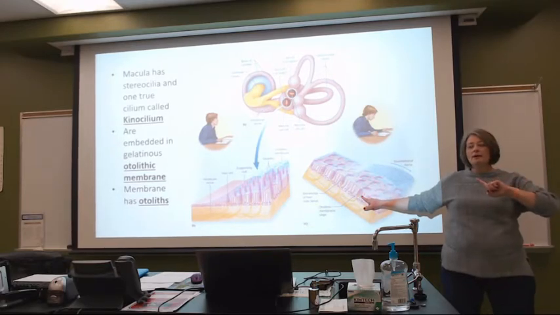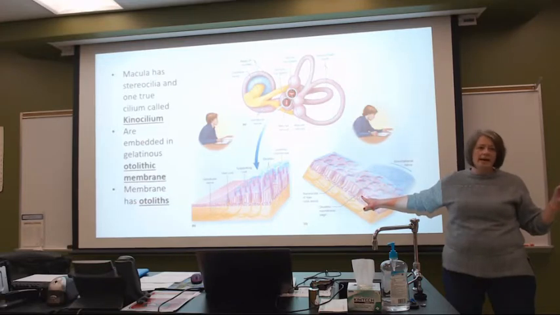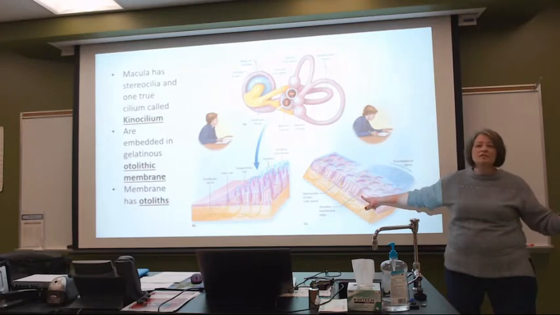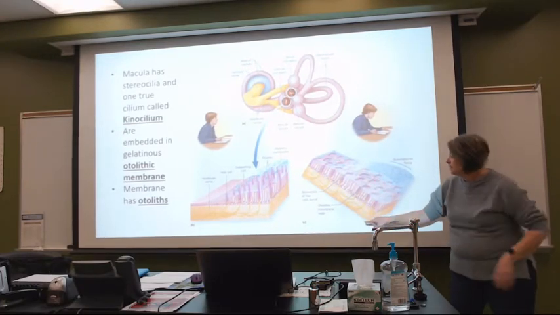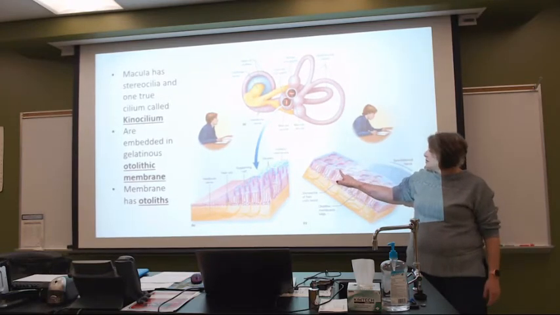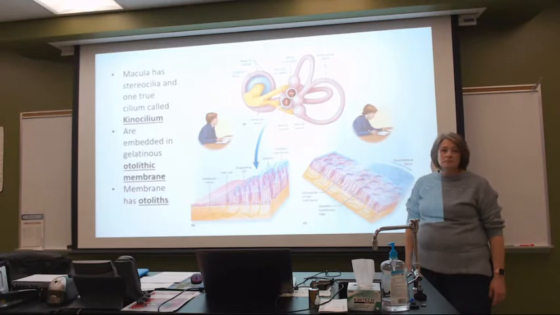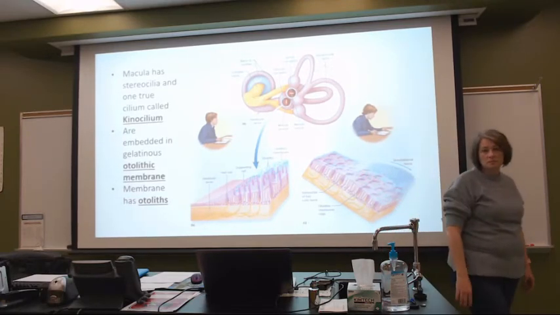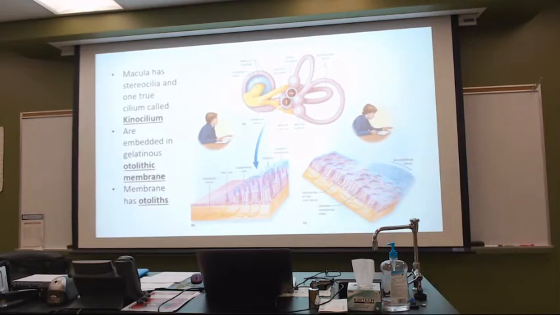The reason I point that out is anytime we talk about nerve cells, they always have support cells. Do you guys remember glial cells? They always have support cells. And then you always have your true cell. What do you notice about their cilia? The cilia is in that gelatinous material, and in that gelatinous material are the otoliths.